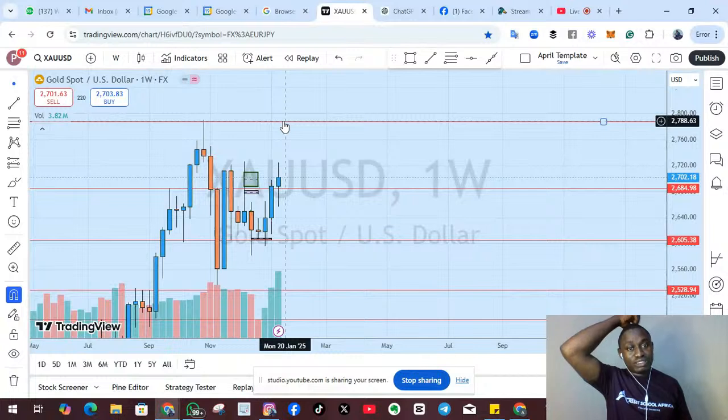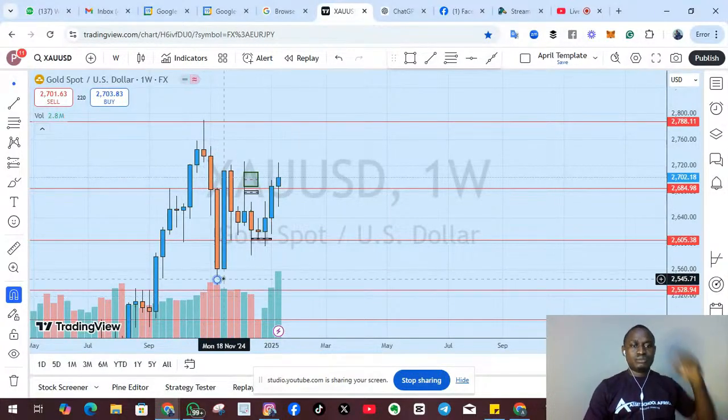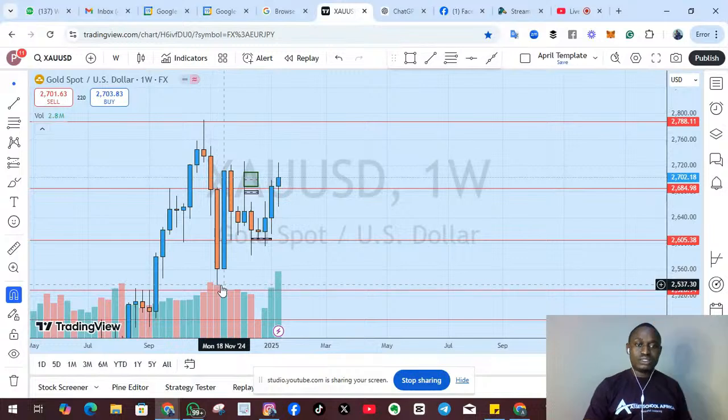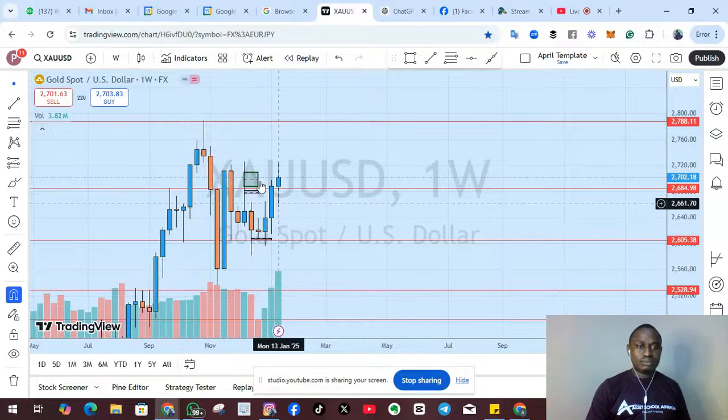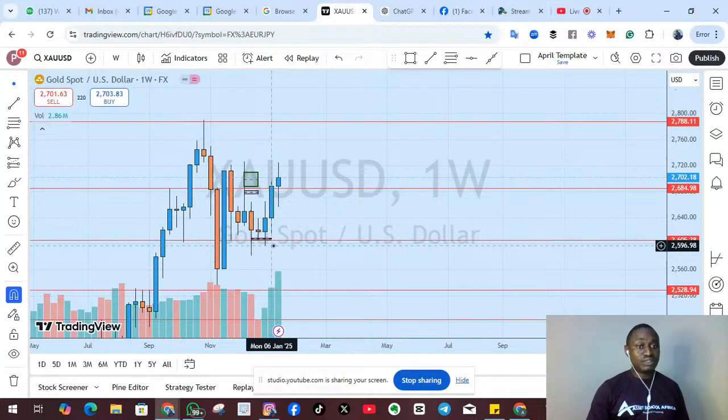If this bullish trend is going to end, we must see this low taken out, this higher low totally taken out, and we can see that the market has been trying to do that. Market has been moving between this range in the last few weeks.